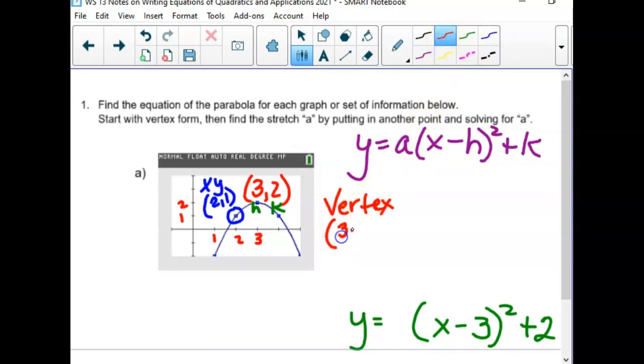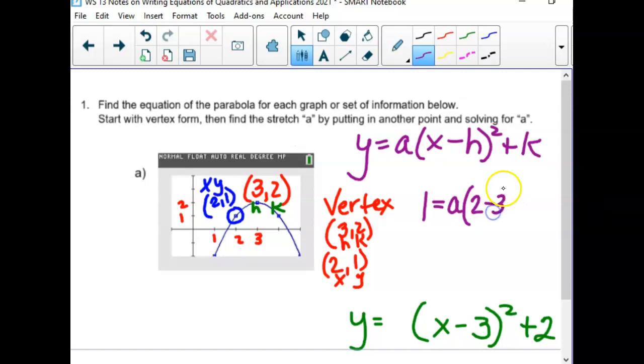So the vertex was at 3, 2. We have an extra point of 2, 1, which is an X and a Y. This is an H and a K. So what is our Y value we're going to plug in? 1 equals A, which is what we're trying to find, times, what's x? 2 minus h, which is 3, squared plus k, which is 2.